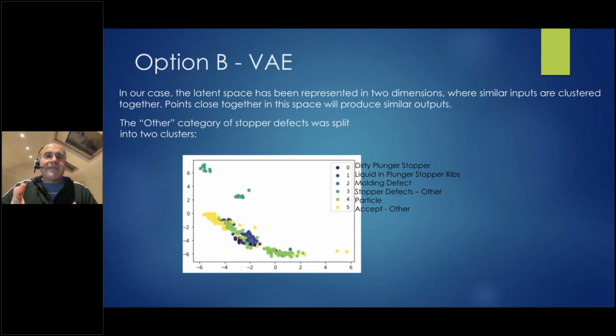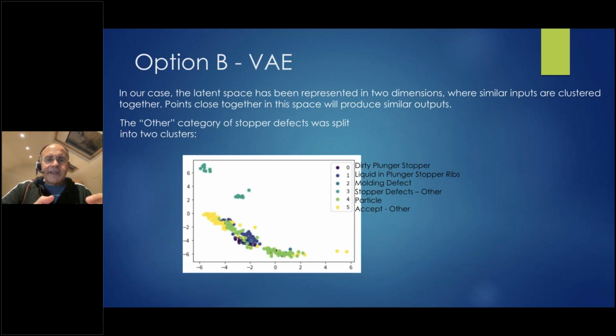After the training completed, we took the test data set and used the encoder to encode it into the latent space. You can see here an example of one of the test sets we used. The different colors represent test images belonging to different categories.